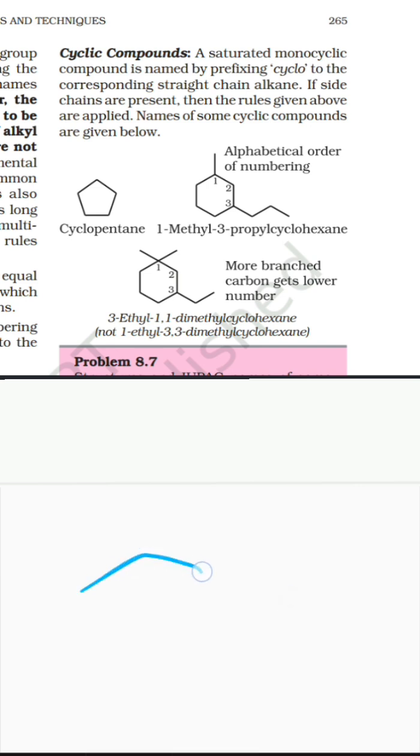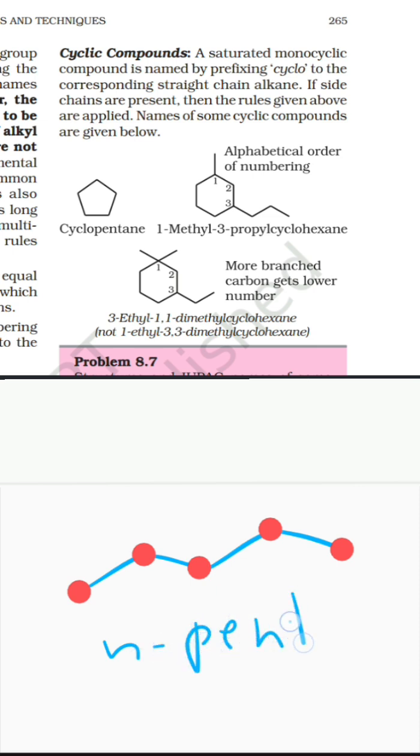suppose we have this structure. This is bond length formula for N-pentane, because this is one carbon, second carbon, third carbon, fourth carbon, fifth carbon. So this is N-pentane. Now in this N-pentane, suppose we join the first carbon and last carbon like this with a bond.